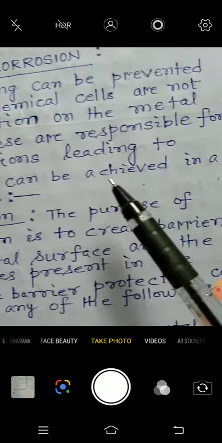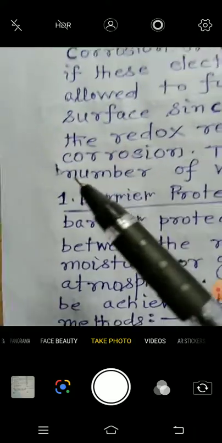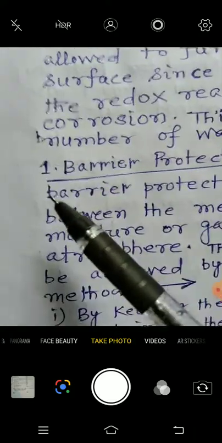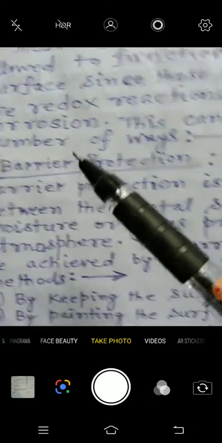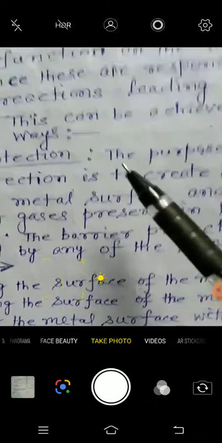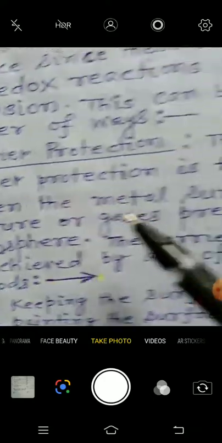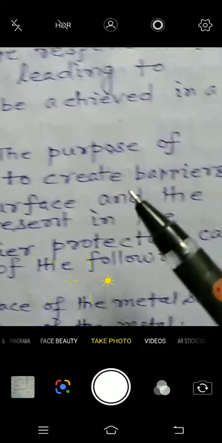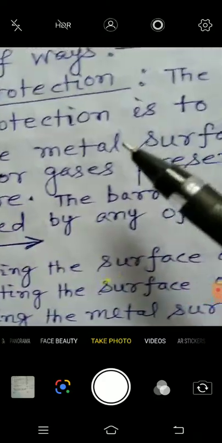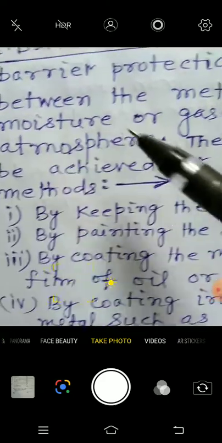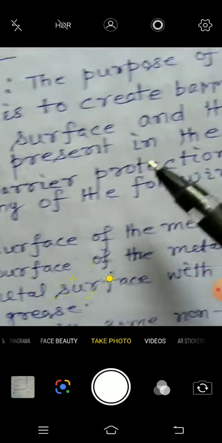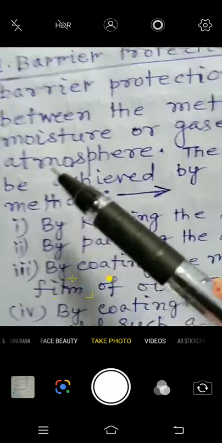This can be achieved in a number of ways. The first way to prevent corrosion is barrier protection. What is barrier protection? The purpose of barrier protection is to create barriers between the metal surface and the moisture or gases present in the atmosphere.